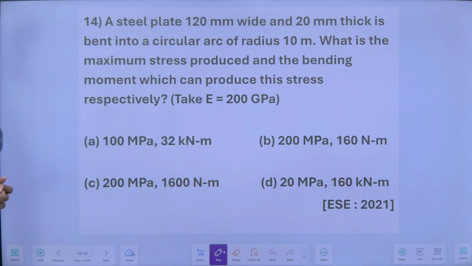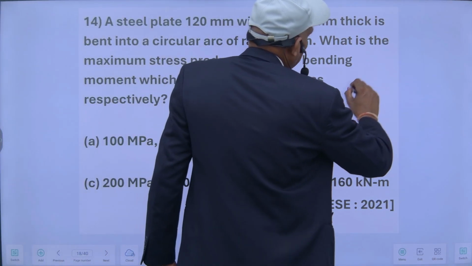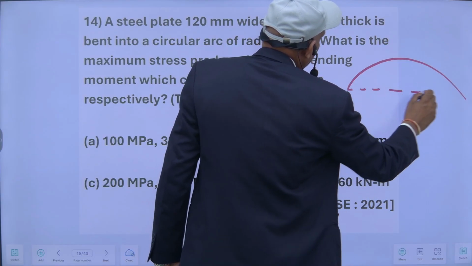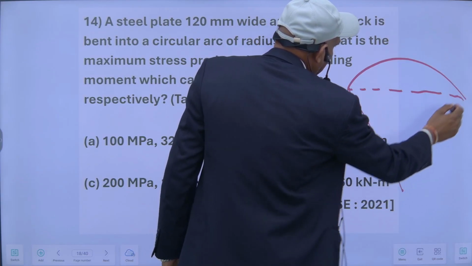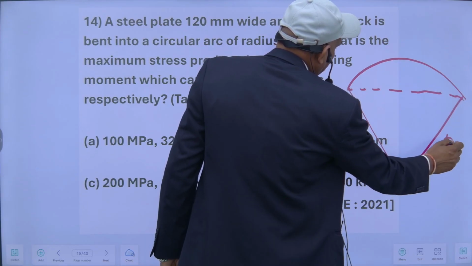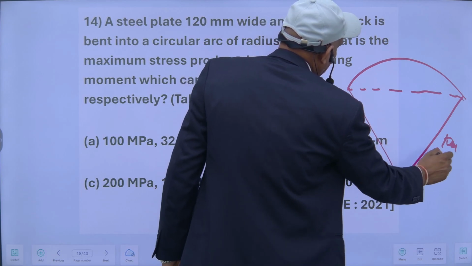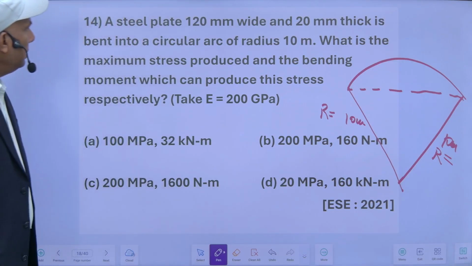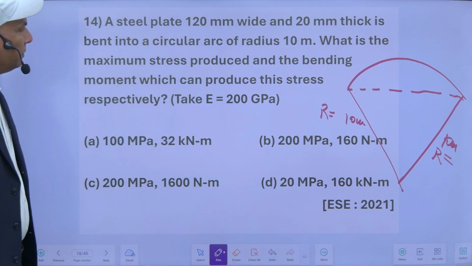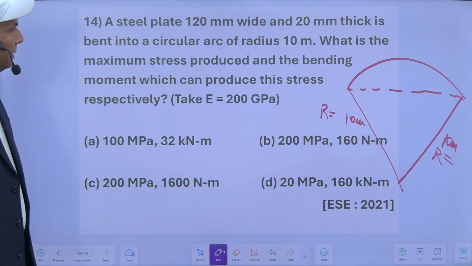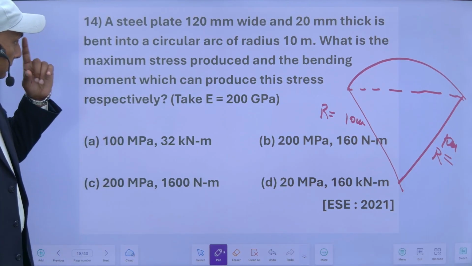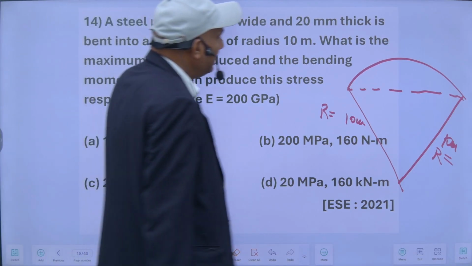A steel plate of 120 mm wide and 20 mm thick is bent into a circular arc of radius 10 meter like this. So this is my circular arc, its radius R is 10 meter, and this steel plate is 120 mm wide and 20 mm thick.